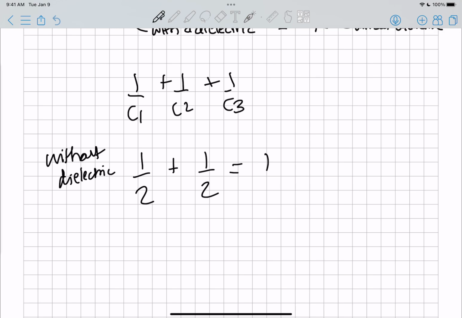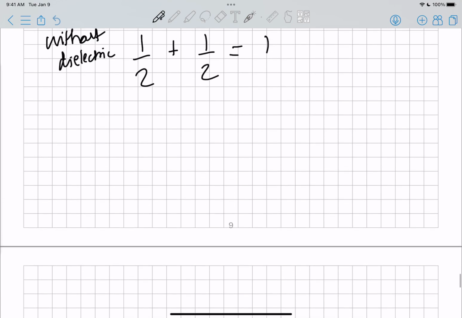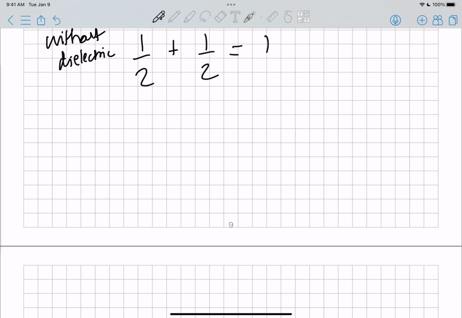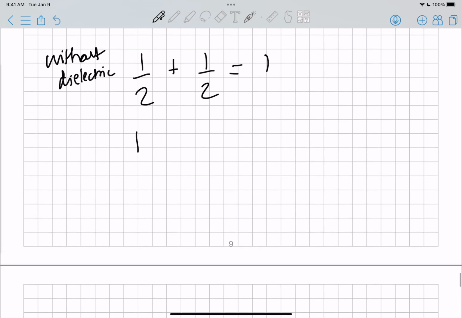Boom, done, right? Well, what if I inserted that dielectric and now my capacitance has doubled, for example? So now I have a capacitance of 4 farads per capacitor. So this is 2/4, right? Well, it's 1/2, but the reciprocal of that is just 2, for your overall capacitance in series.